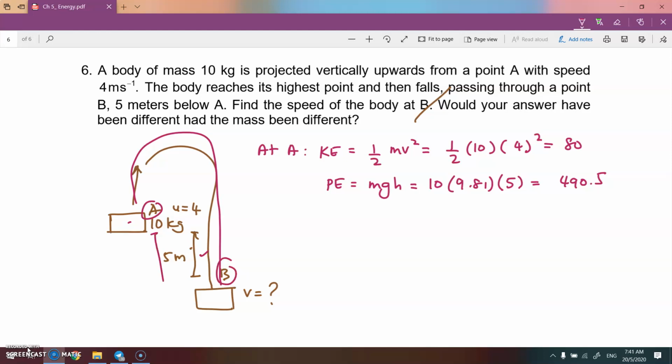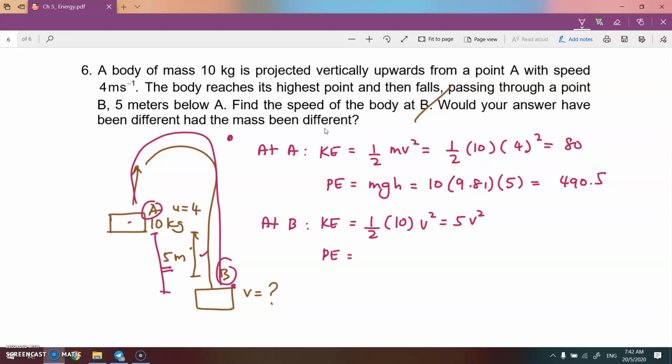As I mentioned, we don't consider the height between the highest point and B. The distance is 5, so it doesn't matter the projectile. It is based on the initial position and the final position. For B, the kinetic energy is half mv squared. So half times 10, and then V squared, so you get 5V squared.